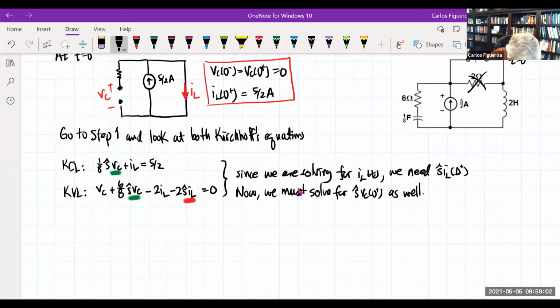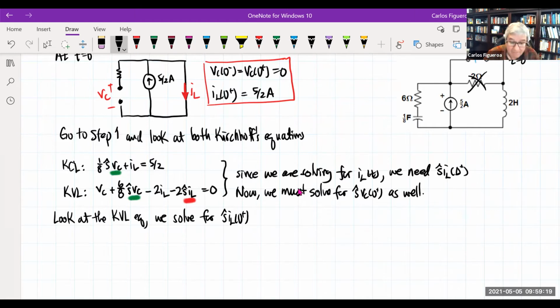So now what I'm going to do here is, looking at the KVL equation, we solve for S hat IL of 0 plus. So if you do that, look what I'm going to get. I got S hat IL of 0 plus.